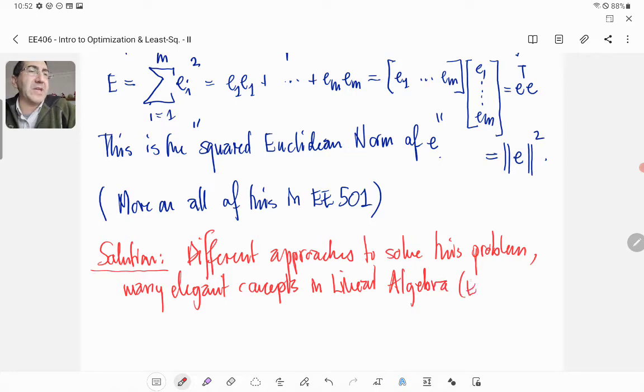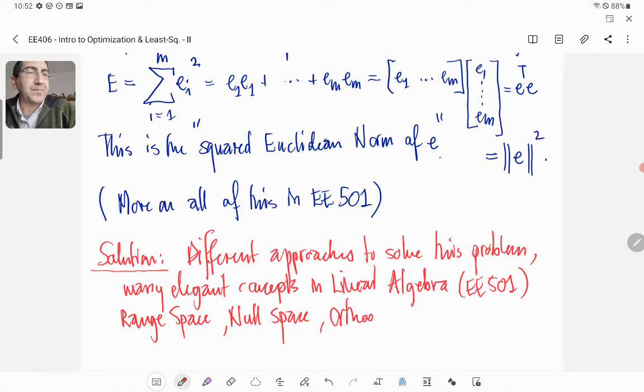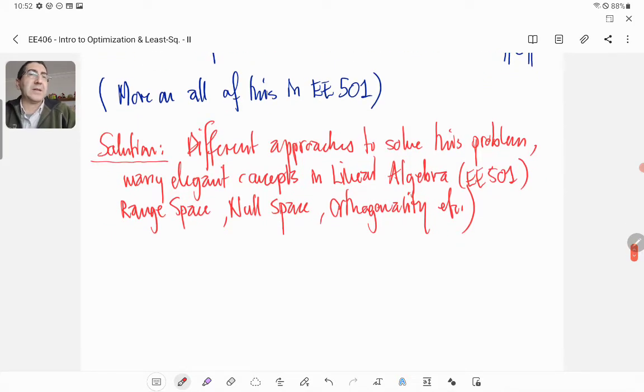Again, many of you will take EE 501 to cover all of this, like, for example, range space of a matrix, null space, orthogonality, etc. I will not cover these, but essentially what I will cover is a solution through calculus.